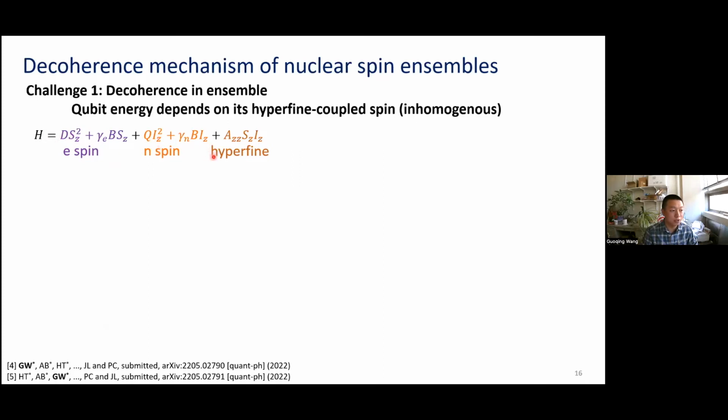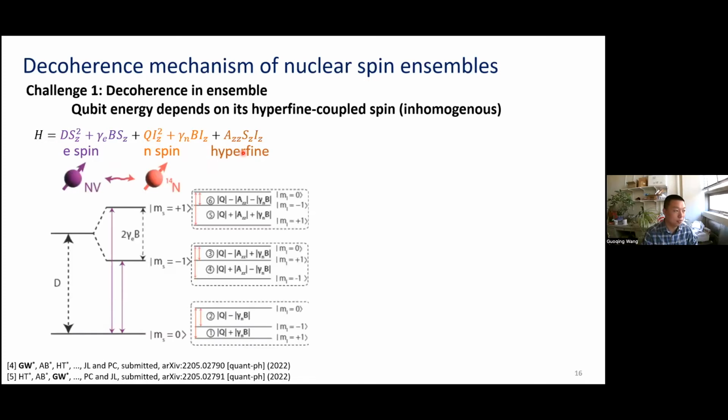In addition, you also have a hyperfine interaction between the electronic spin and the nuclear spin. So corresponding to different electronic spin levels, ms equal to 0 and ±1, the nuclear spin will have different splittings between 0 and ±1.